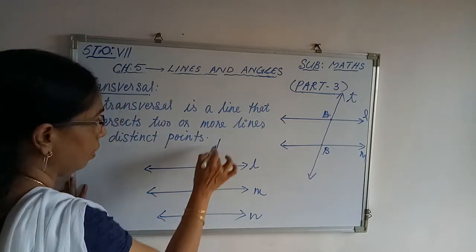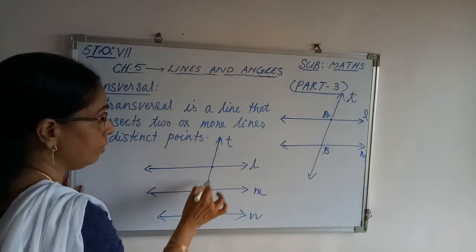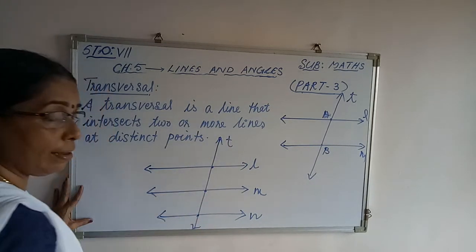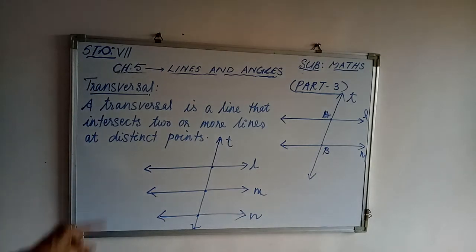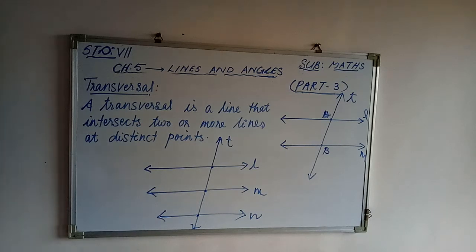See, T is the transversal. It cuts the given three lines in three distinct points, so we can call this T the transversal. So a transversal is a line that intersects two or more lines at distinct points. If there are four lines, it will intersect them in four distinct points.